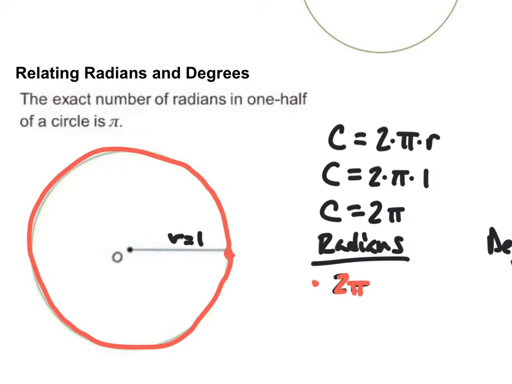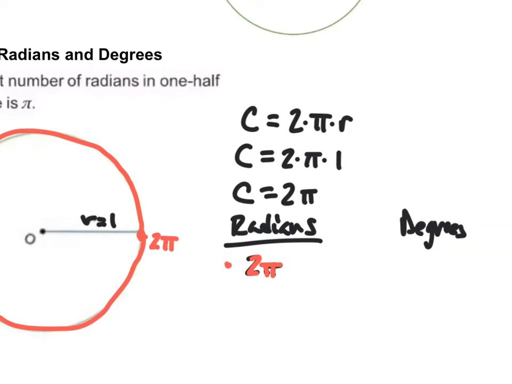Now, if I were to correlate this with degrees, I would say that 2 pi radians is equivalent to 360 degrees.